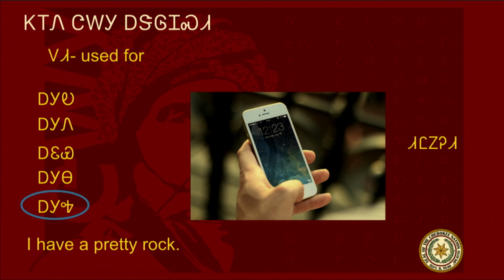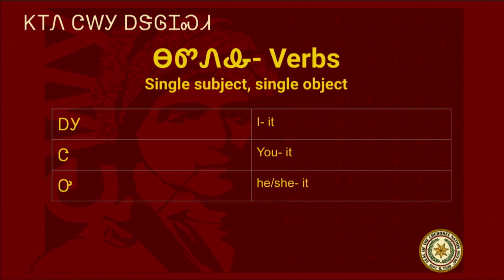So uwodu nei agiha. Uwodu nei agiha. I have a pretty rock. Okay? So I might ask her, dosta, what do you have? And she says, uwodu nei agiha. I have a pretty rock, right?